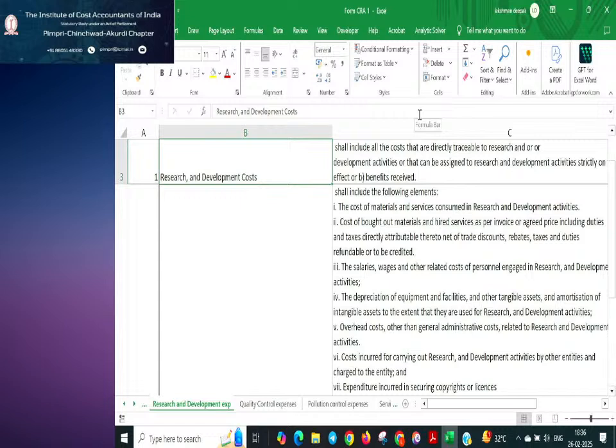Imputed cost should be excluded. Then penalties, fines and other things should be excluded, and that forms part of profit reconciliation. If standard costing is maintained, then variances also need to be reported. So these are some generic things that are common for all the expenses, so I have not included those things in these notes.